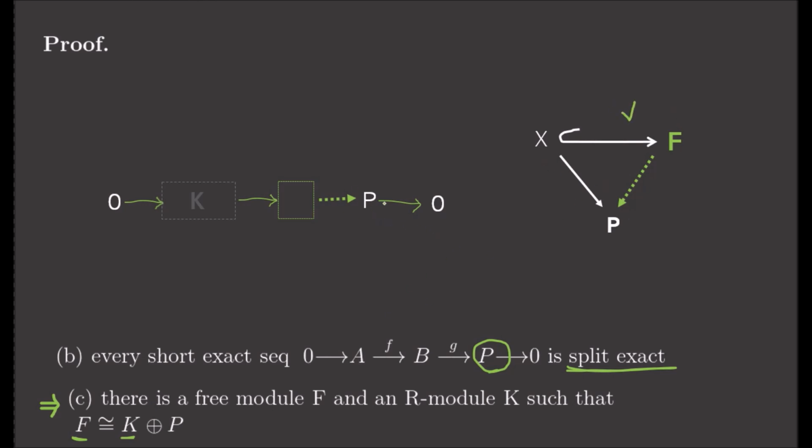Then the important tip is this: for every R-module P, we can construct this commutative relation. So we can find a free module F and the homomorphism from F to P, this unique homomorphism F to P, by the free R-module commutative relation. From this basic information, I put in the exact sequence.